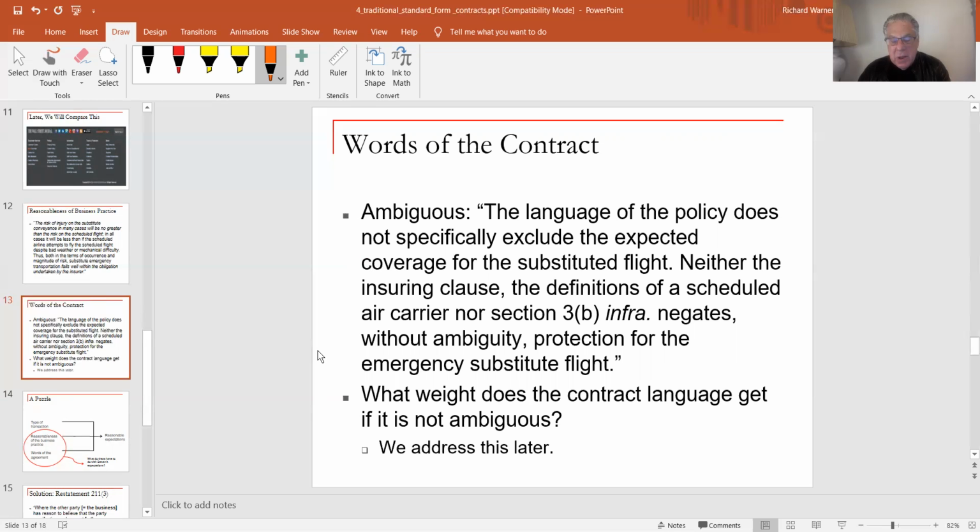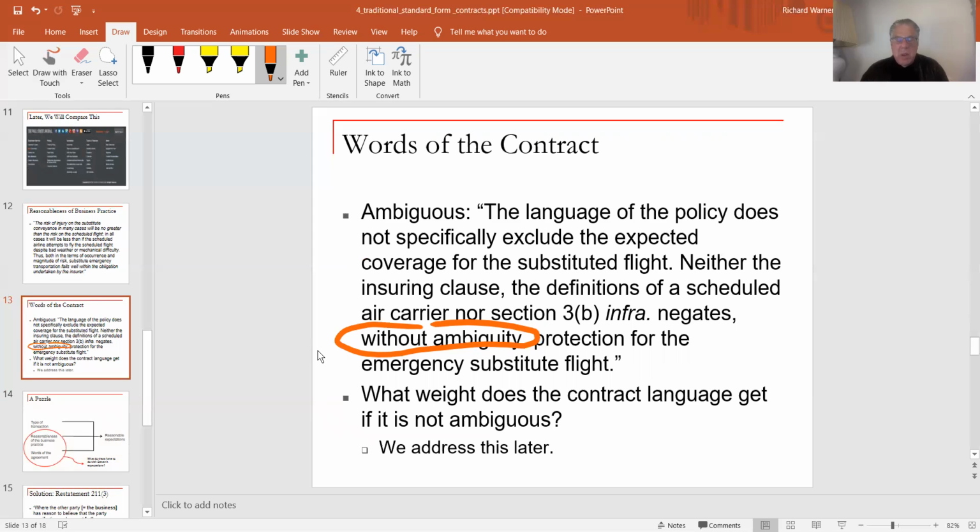In other words, they said, look, you could read the clause either way. And then the US contract law rule in consumer contracts is if the contract is ambiguous, you interpret it in favor of the consumer.